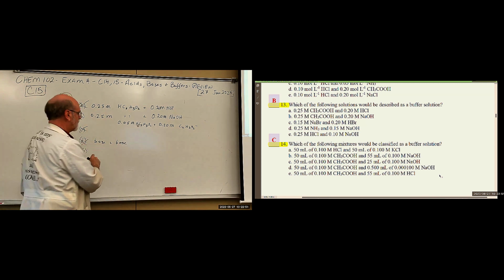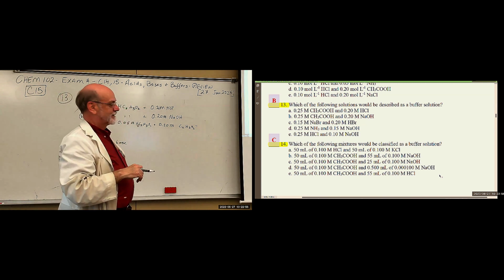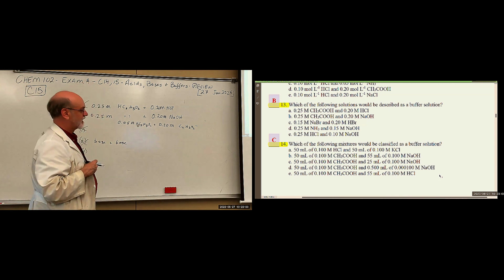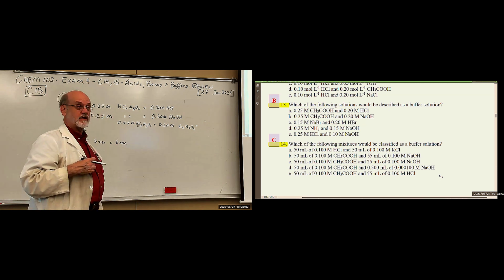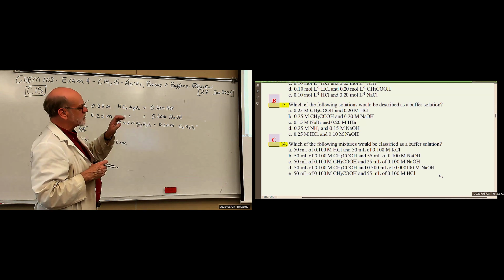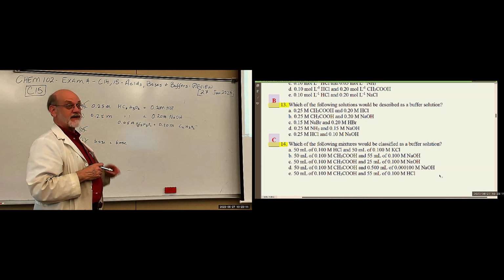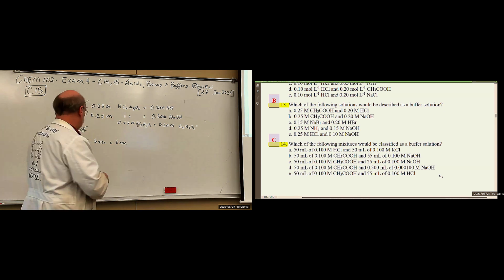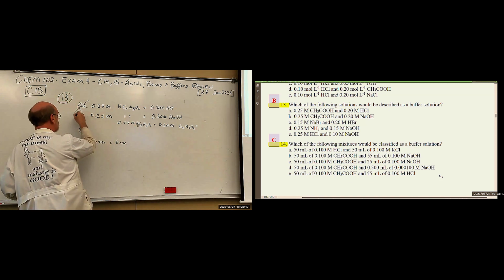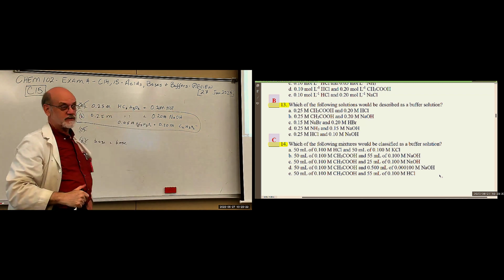And then E, hydrochloric acid and sodium hydroxide. There's no weak acid in there. Hydrochloric acid, strong acid, sodium hydroxide, strong base. If anything, you're only neutralizing part of the acid, so it's going to be a low pH. You're going to have acid left over. Right, so this is not going to be a buffer. Out of those, the best choice is this one. It's not a good choice, but it's the best one.